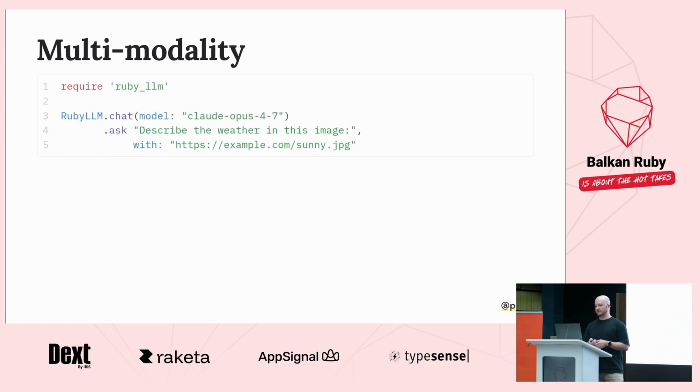I think yes. This is my way of doing it. You just instantiate a chat, you ask, describe what's the weather in this image, and then you pass an argument to an argument with.